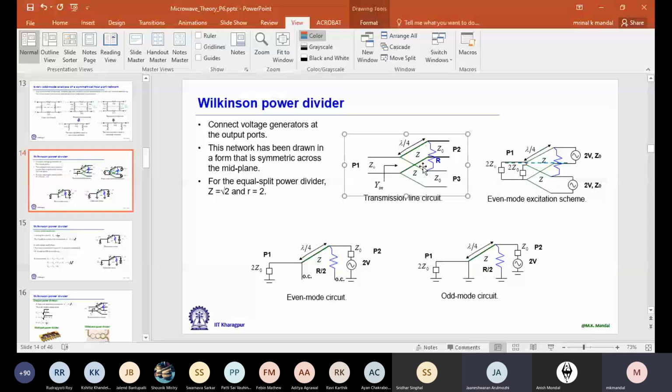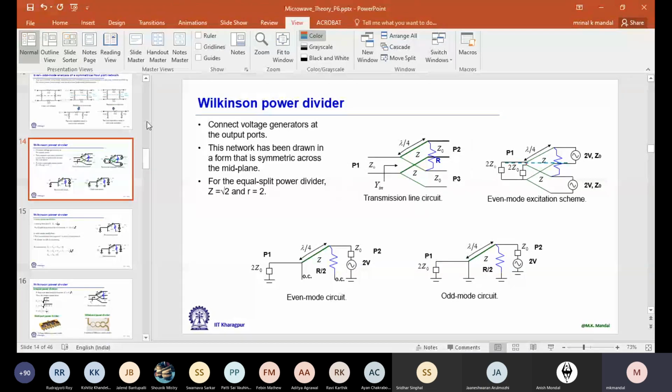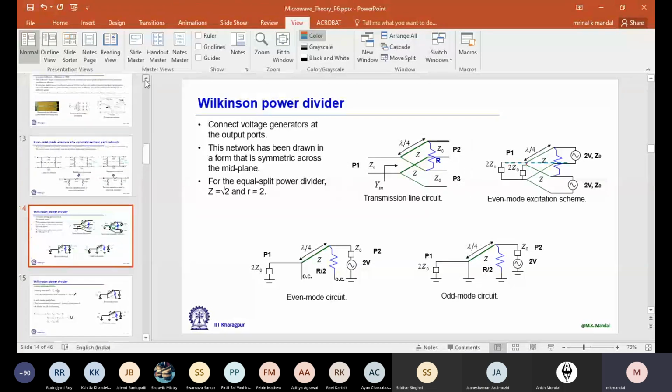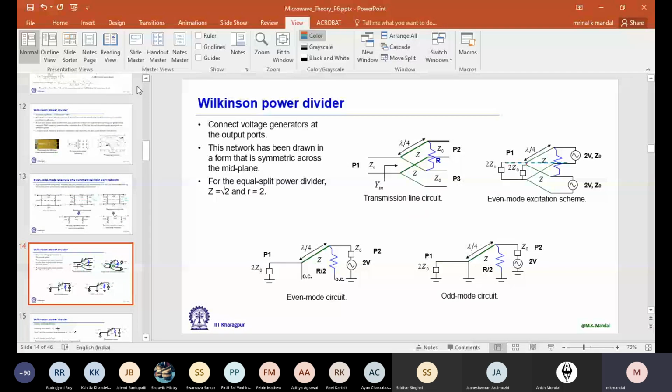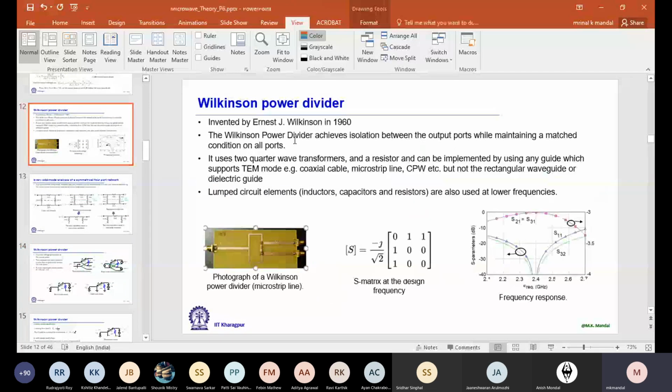Okay, sir. So at the design frequency, we don't have any power loss. That is why it is so popular. It came in 1960, and it is one very important invention, and we use his name till today. At the design frequency, it works like a lossless network.